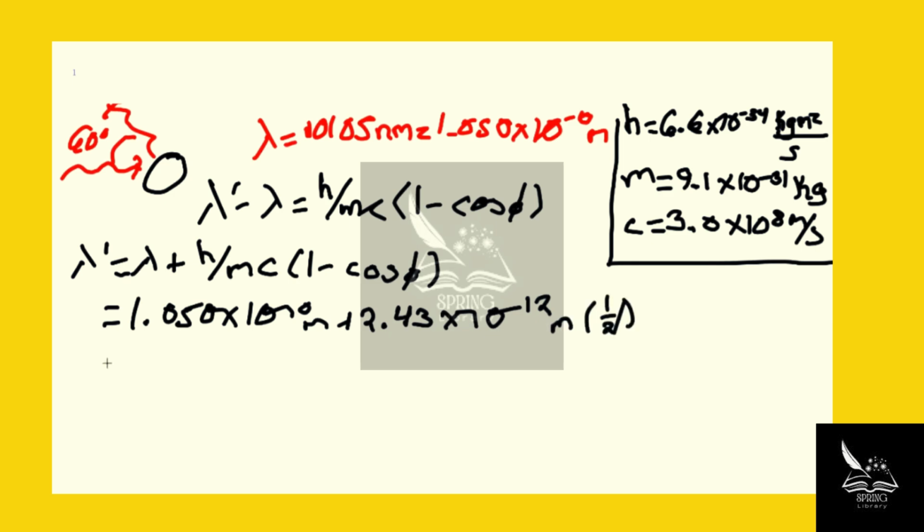And the final answer is lambda prime equals 1.062 times 10 to the negative 10 meters.